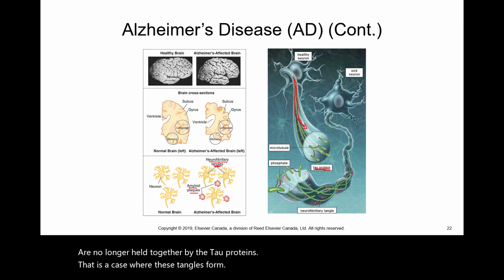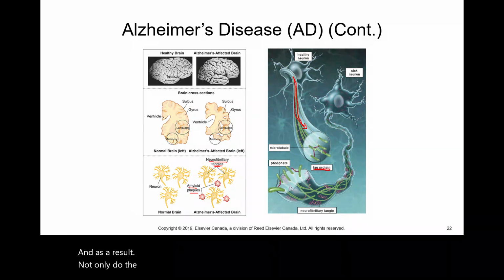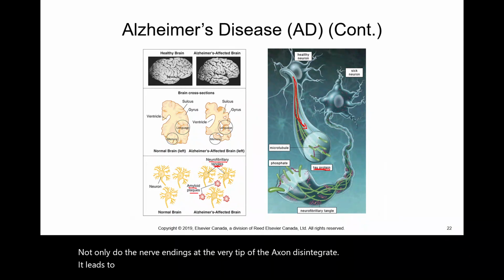And as a result, not only do the nerve endings at the very tip of the axon disintegrate, it leads to a disruption in communication between the neurons. And that concludes this episode.